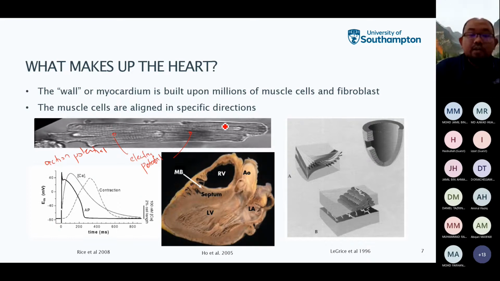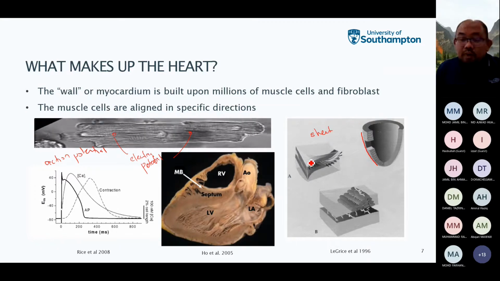And the cells over here are aligned at a specific orientation, like what we have in this figure at the right corner, forming a certain angular orientation. In addition to that, they are also placed in multiple sheets, and these multiple sheets provide us with a unique characteristic of the heart muscle.